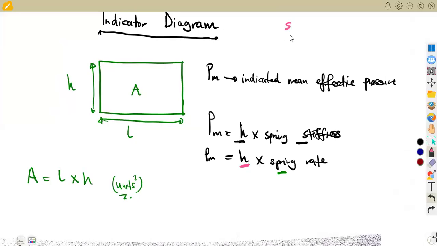It is given as the pressure in Pascal or kilopascal, whatever you're given, per height. So you'll be given the units for that height. Is it in millimeters? Is it in centimeters? If they say kilopascal per millimeter, it means your height must be in millimeters.